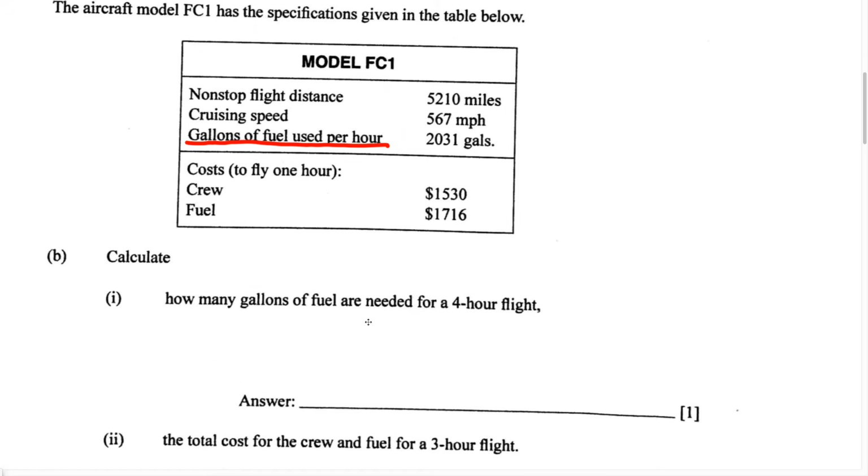Therefore, we can say 2,031 multiplied by 4, because we have a 4-hour flight. When we put this in our calculator, we're going to get 8,124 gallons. So this will be our answer. We're just going to write it in the space provided.